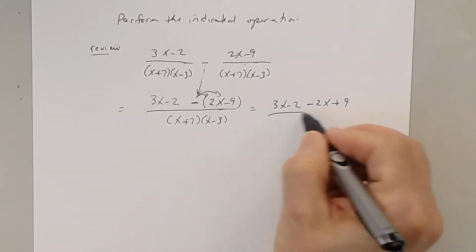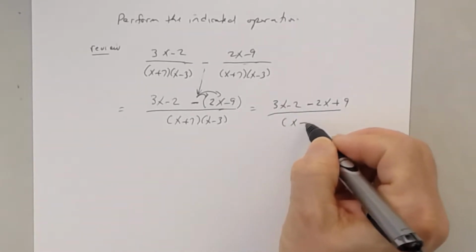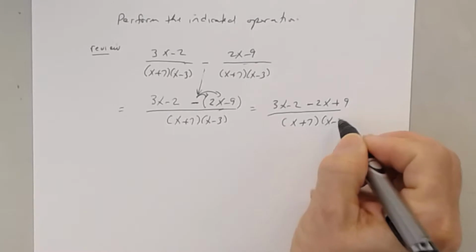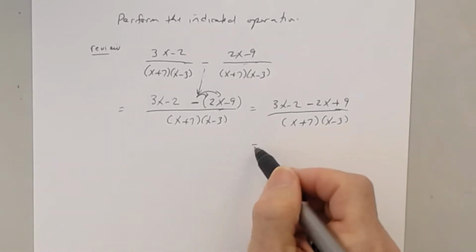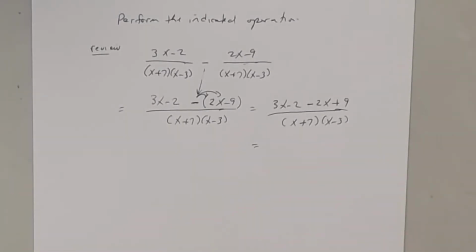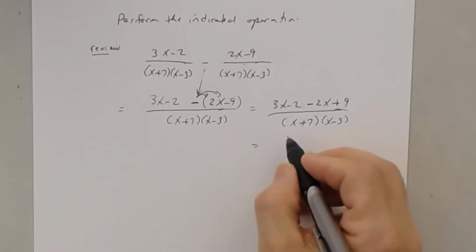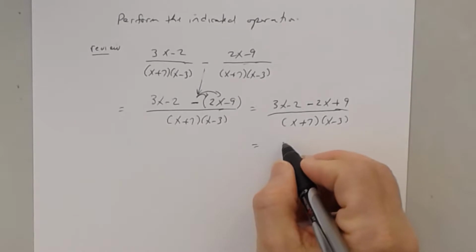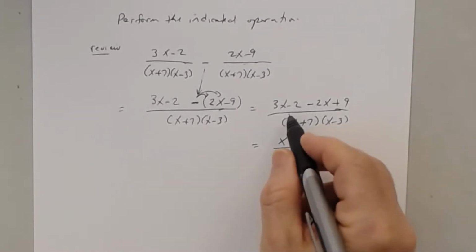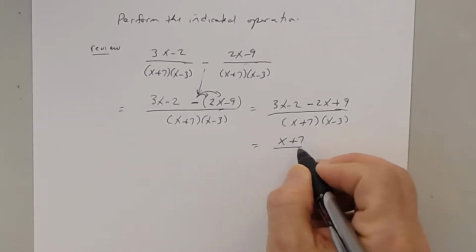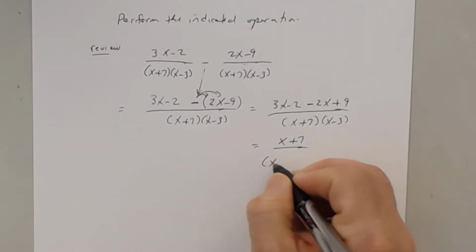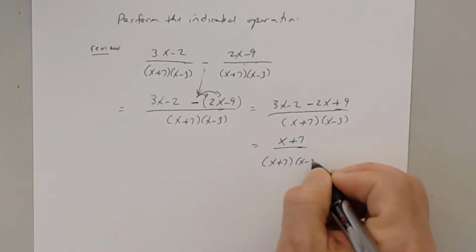So (3x - 2 - 2x + 9) all divided by the denominator, which is (x + 7)(x - 3). Now what was the next step we did? Combine like terms. When I combine like terms, 3x - 2x is x, and then negative 2 plus 9 is 7, so I get (x + 7) divided by (x + 7)(x - 3).